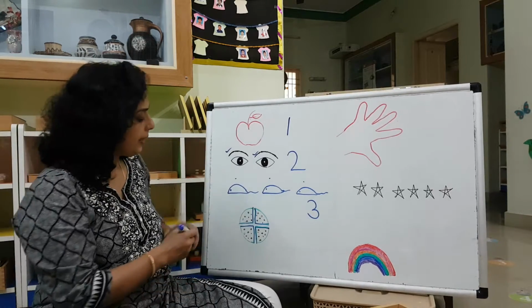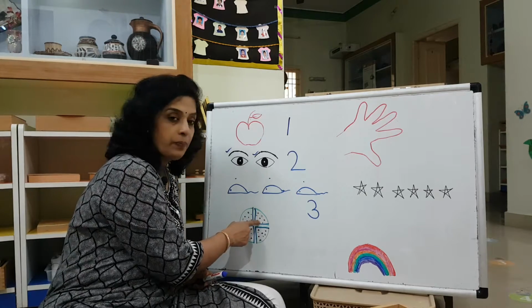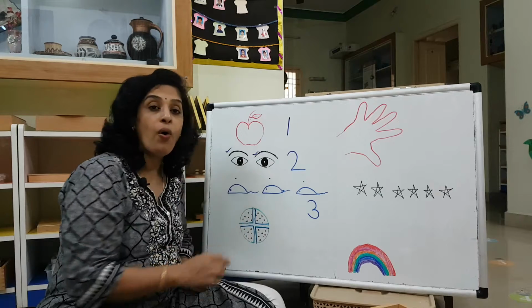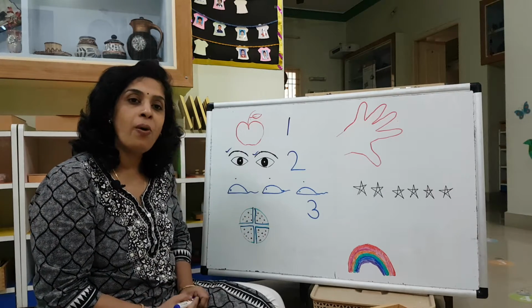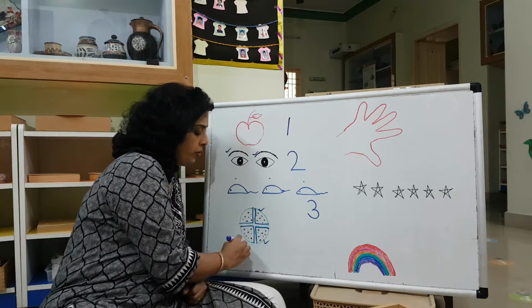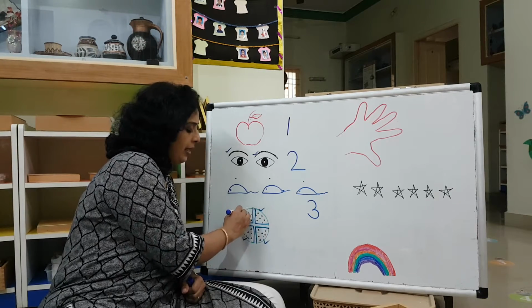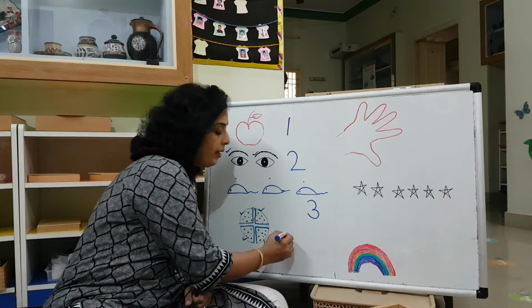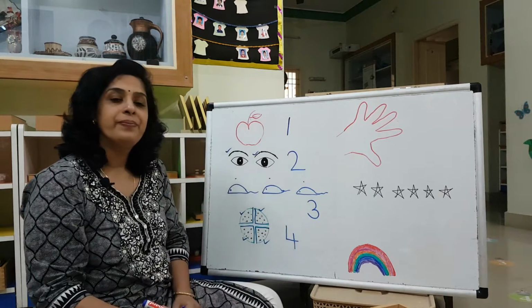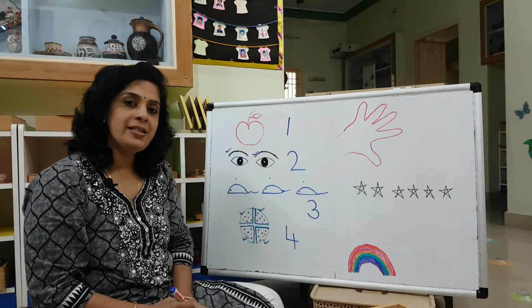Shall we count? Come. 1, 2, 3, 4. There are 4 pieces in it. How do I write? 4. Okay? Am I right?